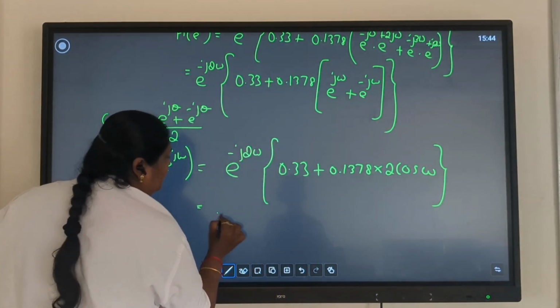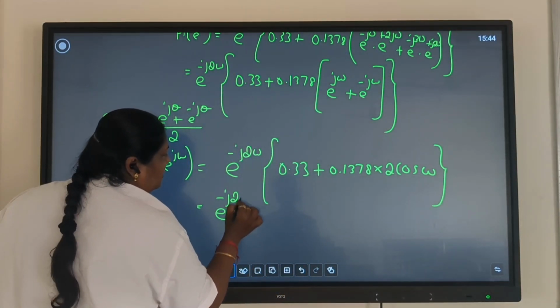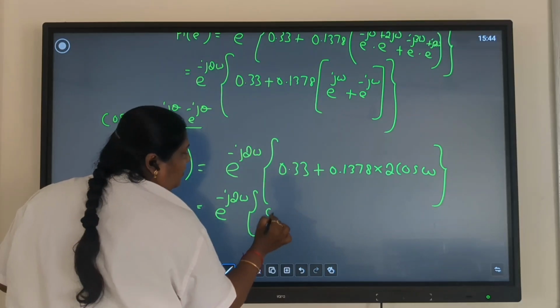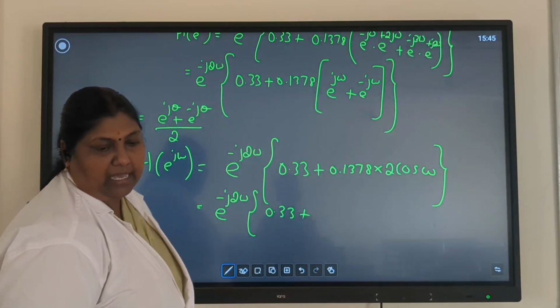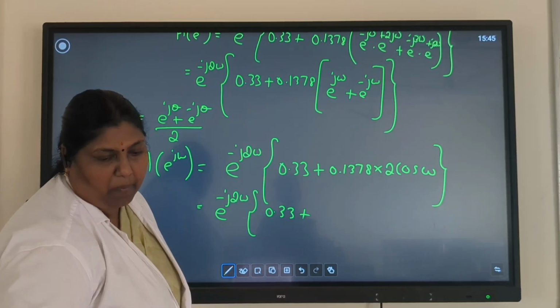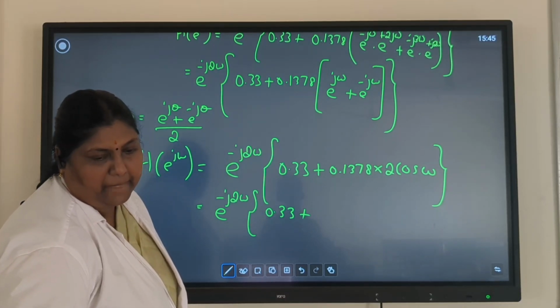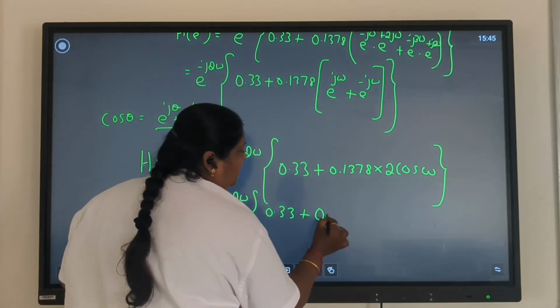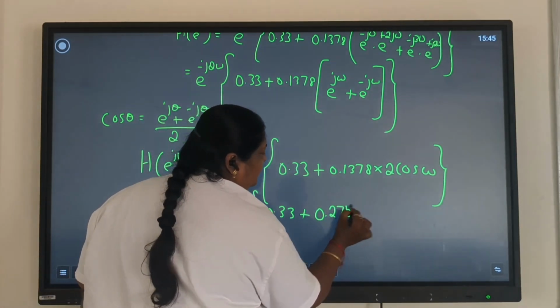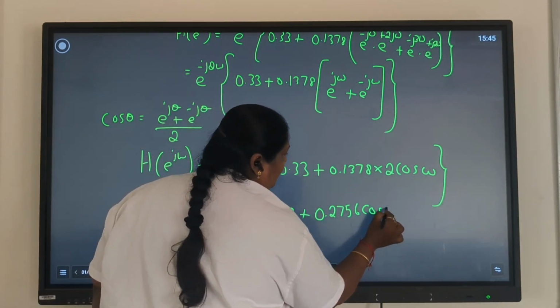So it is e power minus j 2 omega times 0.33 plus, when I multiply this, I get 0.2756 cos omega.